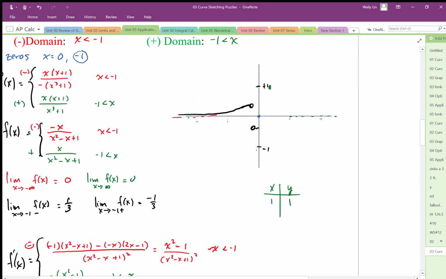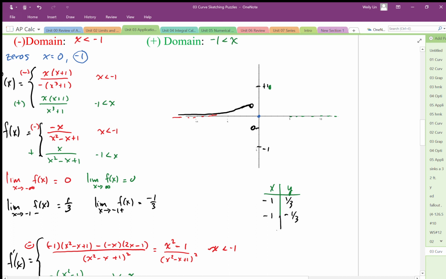That goes to this coordinate right there at negative 1 and 1/3. I better put those into my table here. Negative 1, positive 1/3. At negative 1, negative 1/3 is the other coordinate.